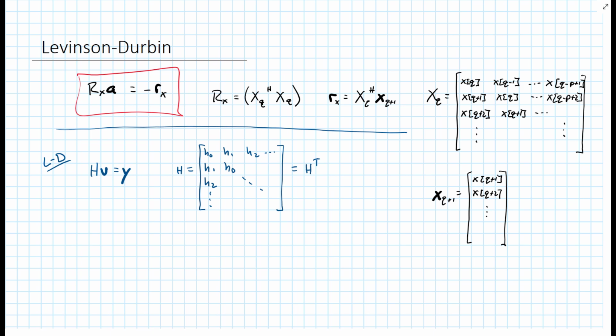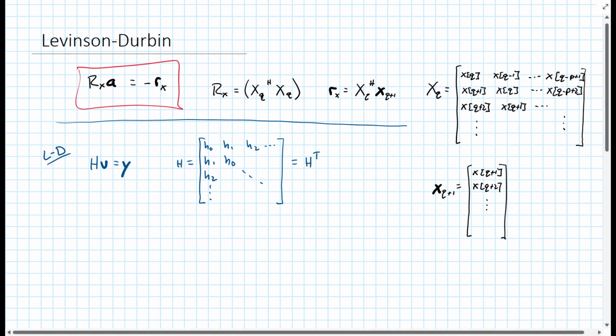Since if we're dealing with a real matrix, this is symmetric. If it's complex, we would put our little conjugate markers in there, and it would be Hermitian.